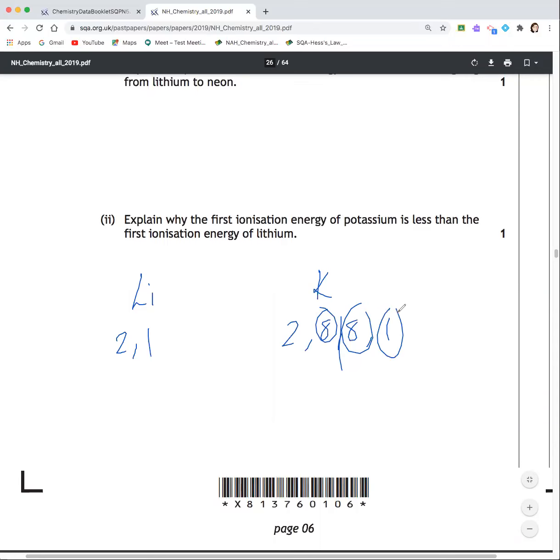So this outer electron here will be less tightly held compared to the outer electron in lithium, where there's not as much electron shielding because there's only this layer of electrons shielding the nuclear charge from the outer one compared to the 3 other layers of electrons in potassium. Okay, so for an answer, you would just want to say that there is a greater shielding effect in potassium, so the outer electron is less tightly held.